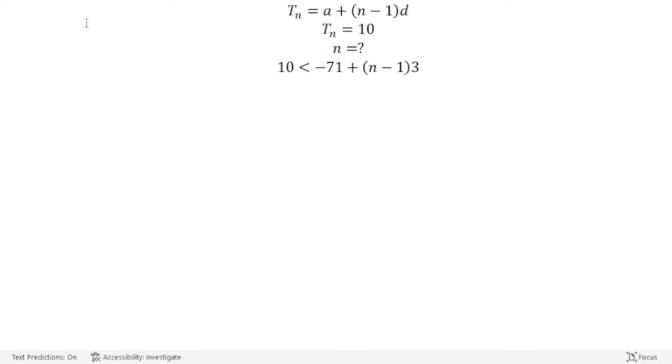Right, so then we're going to say 10 is less than negative 71 plus 3n minus 3. I hope you are understanding the simplification.